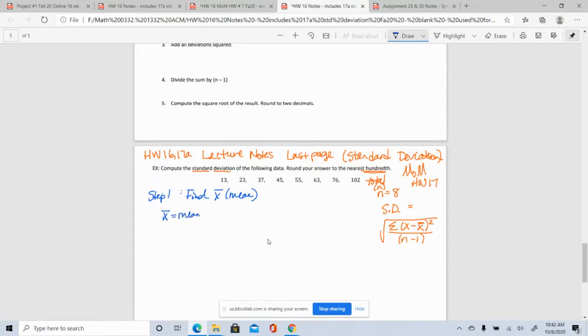Add up all the numbers, and divide by 8. Yes. So we always, for average, add up the numbers and divide by the total. Very good.